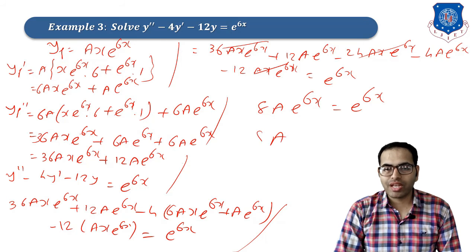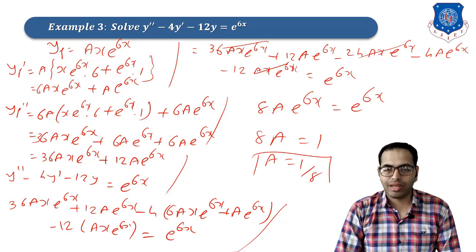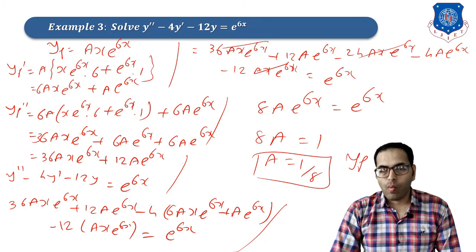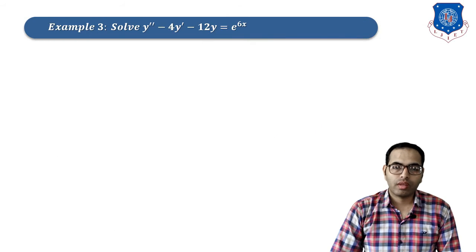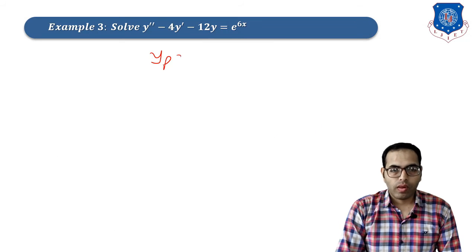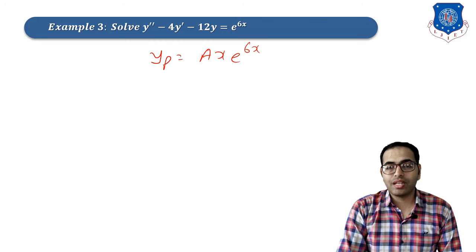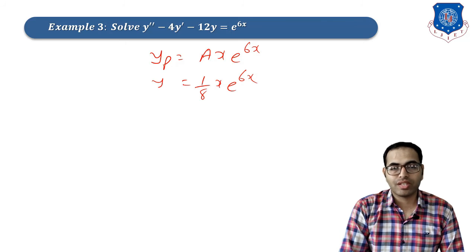Now equating both sides, 8a = 1, so the value of a is 1/8. Now yp = a x e^(6x), and with a = 1/8, yp = (1/8) x e^(6x). This one is our yp.